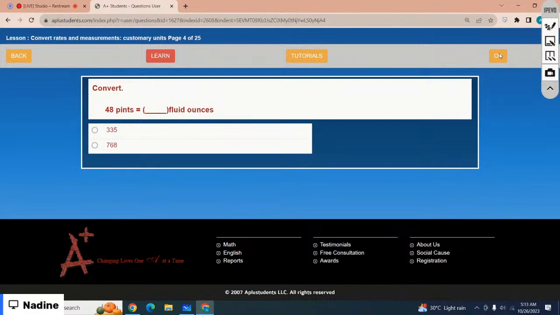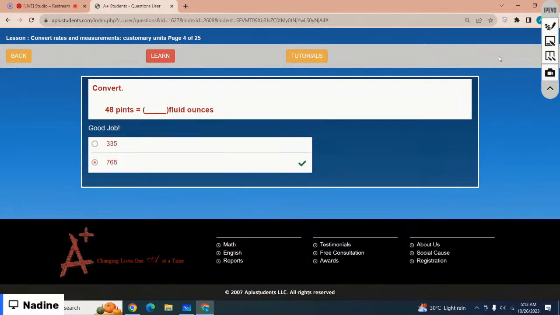The correct option is 768 fluid ounces. 48 pints equal 768 fluid ounces.